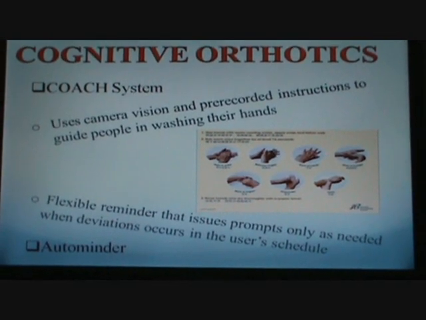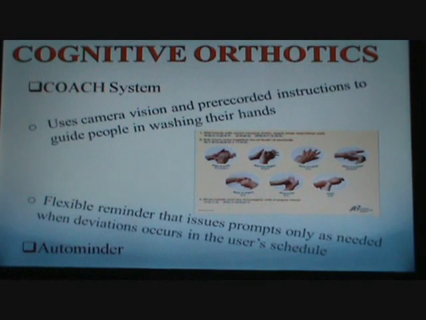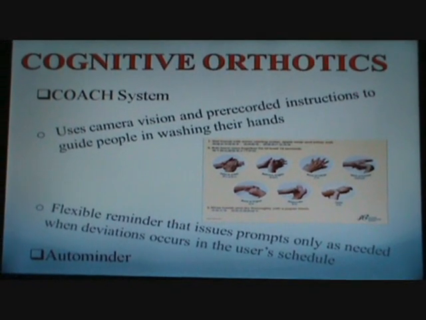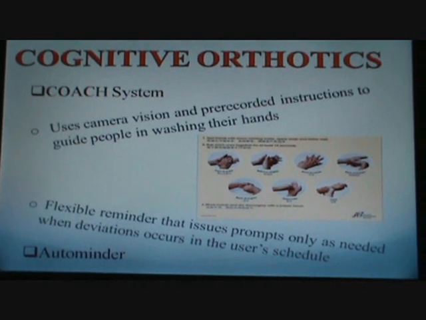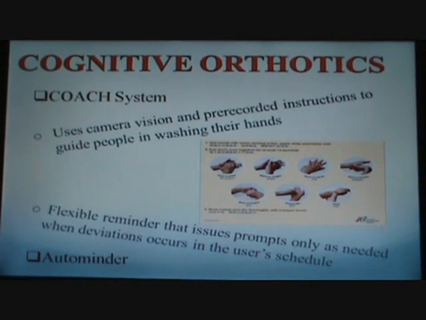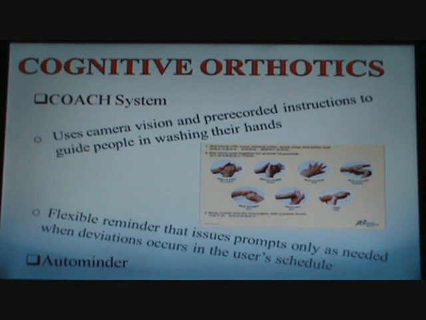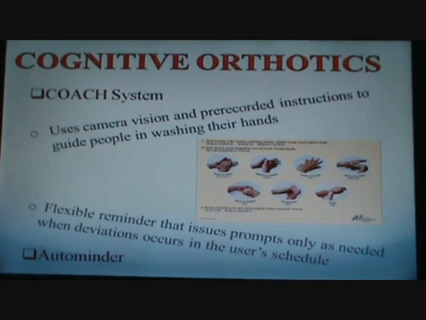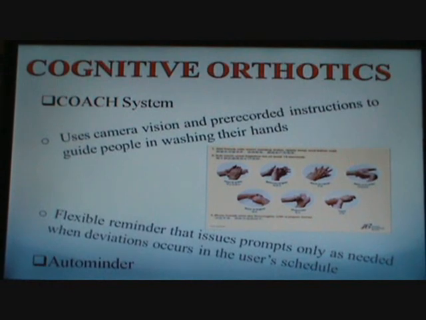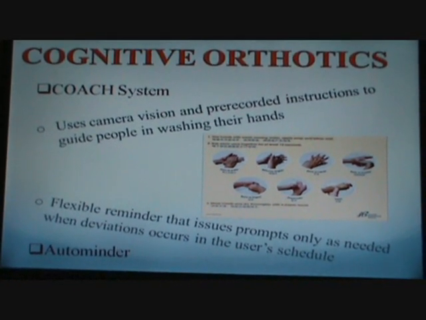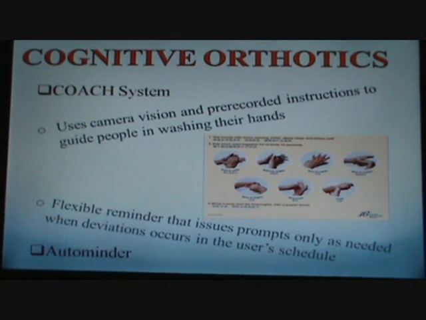Two devices that fall within cognitive orthotics are the coach system and the auto minder. The coach system has camera vision and pre-recorded instructions, and it can guide people in daily activities such as washing hands, for example. The auto minder is a flexible reminder, and it issues prompts when a person would deviate from their normal daily schedule.